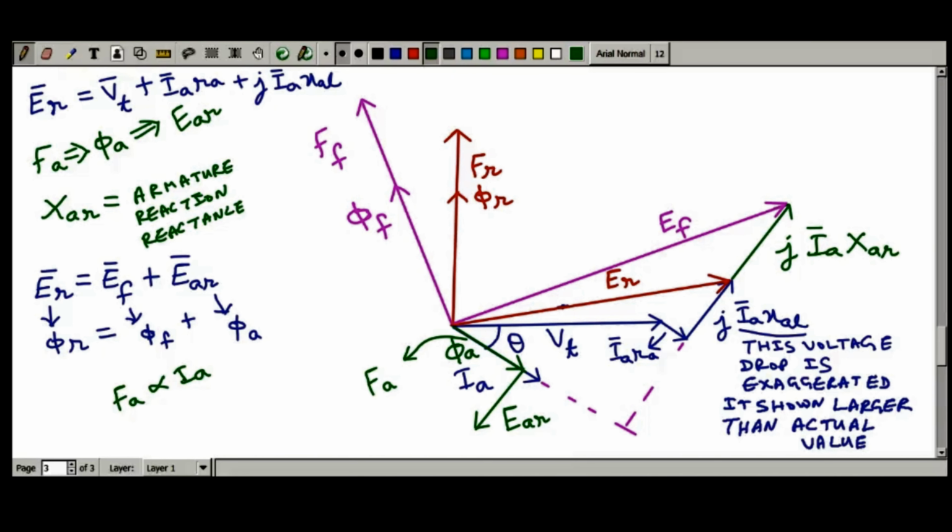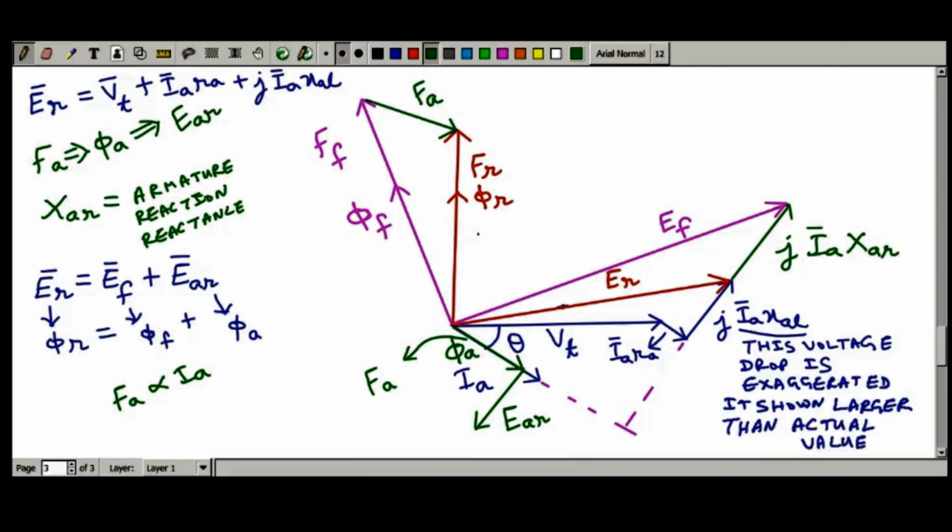So IA and FA are in phase. So we can indicate this FA by this particular diagram over here. This thing is your FA. So this is the general phasor diagram for a round rotor synchronous generator.